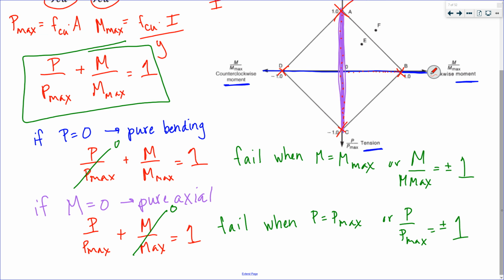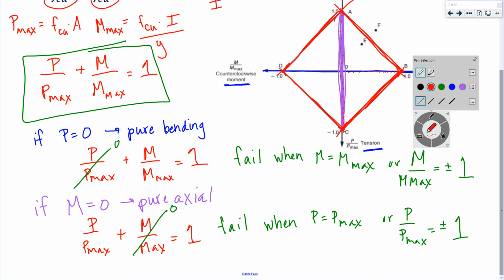Now, what this interaction diagram tells me is that the lines drawn between, this is the failure surface, as they would say. You might hear this if you take some more geotech. This is called the failure surface.